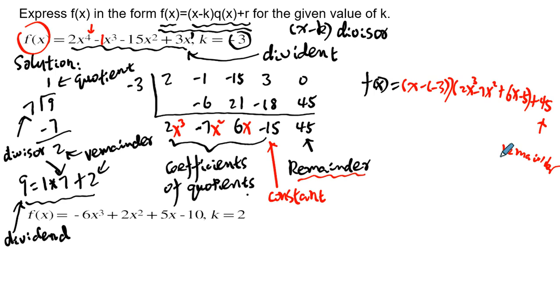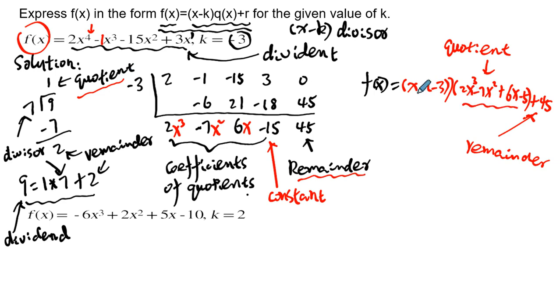Let me rewrite it. This one is the remainder, and this one will be our quotient. And then here is actually x plus 3.